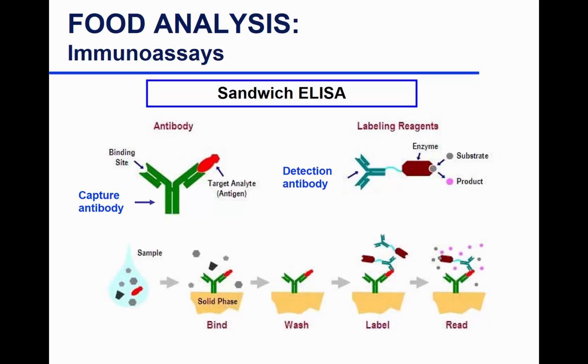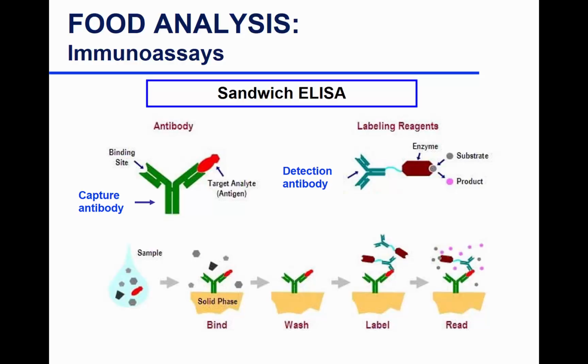You block the open spots, and then you put your sample. Your sample will have antigen and other components. So you do a washing step and everything washes out, and what you have is your antibody and the antigen. Obviously there will be multiple antibodies and multiple antigens.